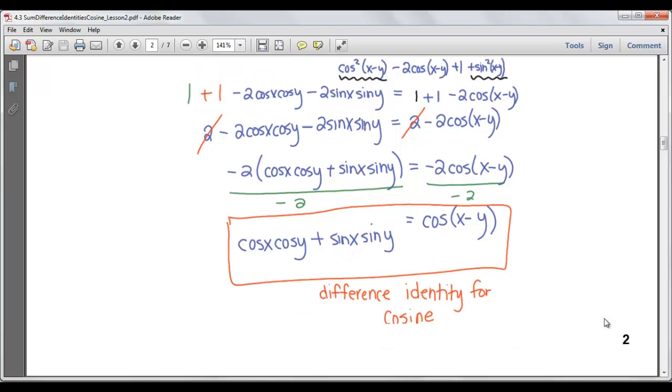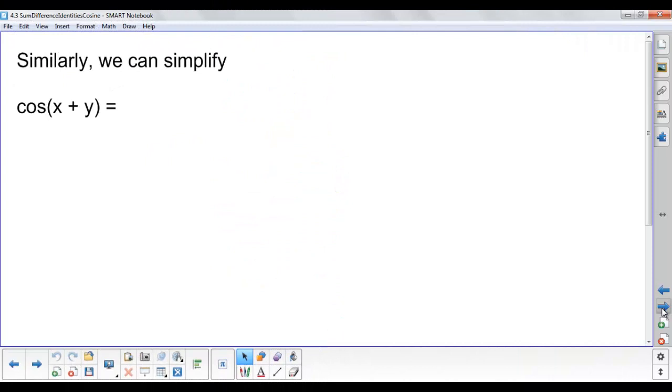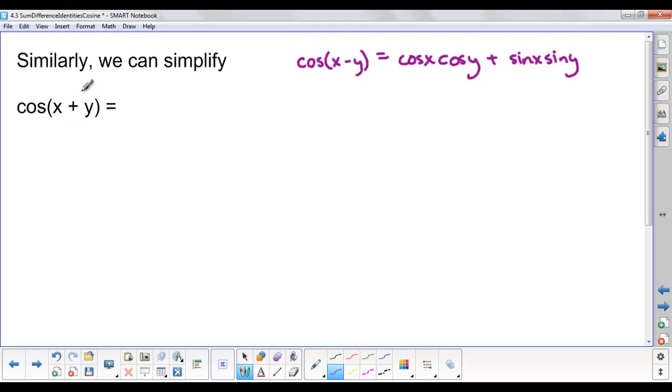So what we'll do now is use this difference identity to come up with the sum identity for cosine. Now in the previous page we had the difference identity. Inside our argument here, we have an x plus y.